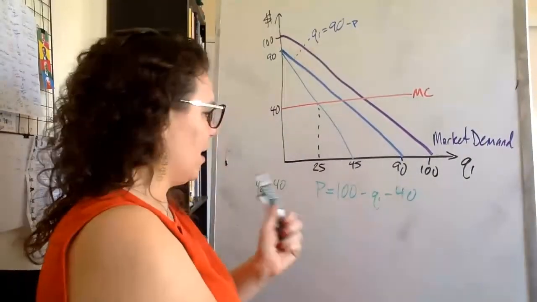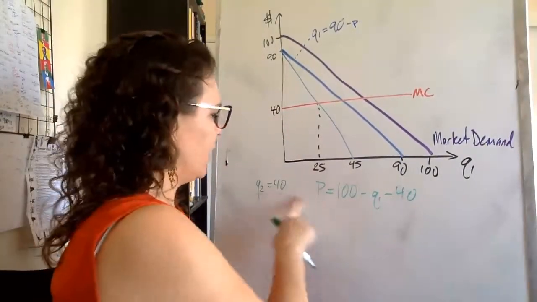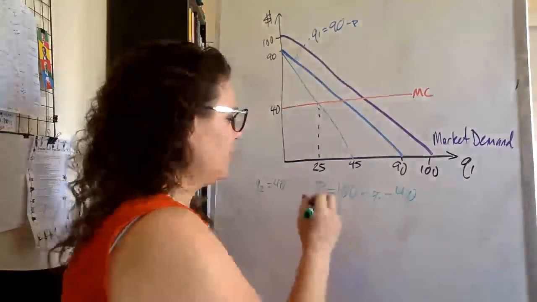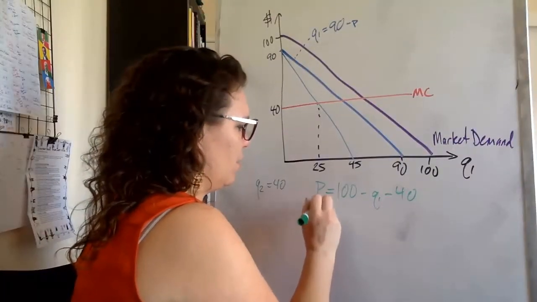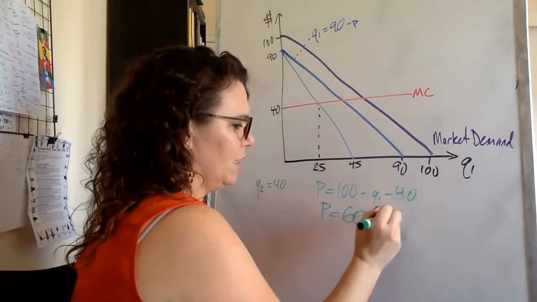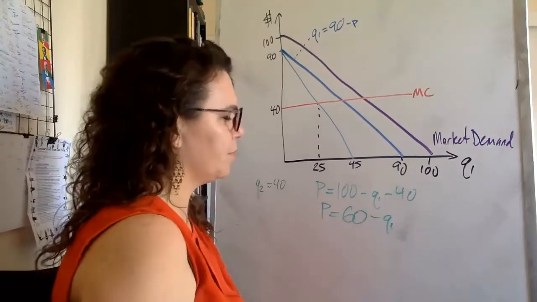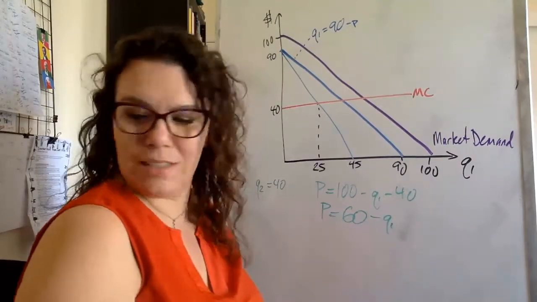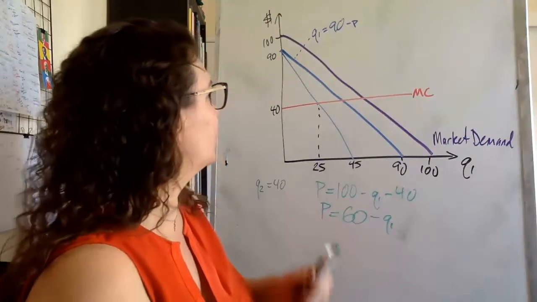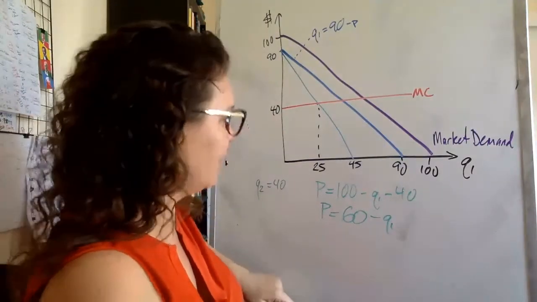So we're always keeping that in mind. Now I've got my Q2 equal to 40, so I can solve for firm 1's inverse demand function. That's going to be P equals 100 minus 40, which is 60, minus Q1. So my demand curve is going to start and end at 60.